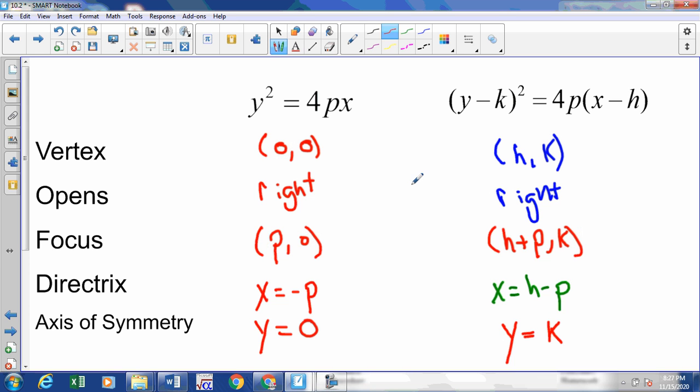So you notice all that happens is whatever my h is, whatever is with the x, just gets added to my vertex. h plus, h plus, h, and so forth. So we're doing the exact same thing. We've just moved the vertex.